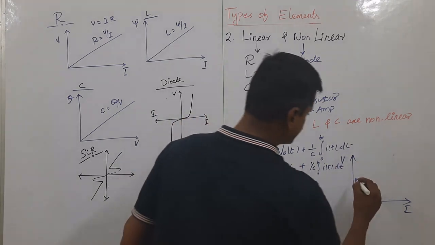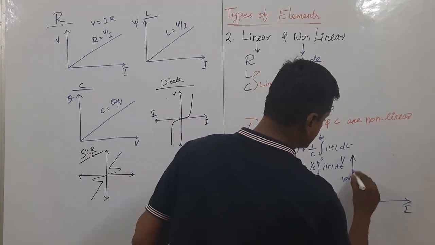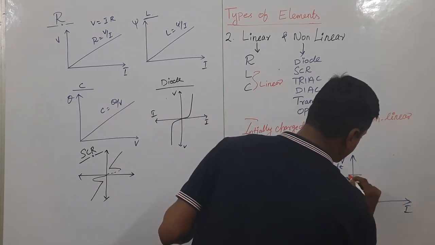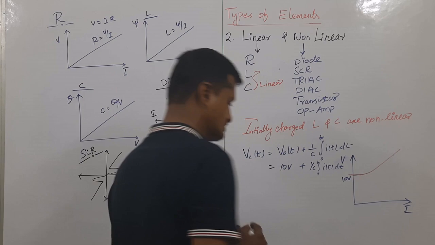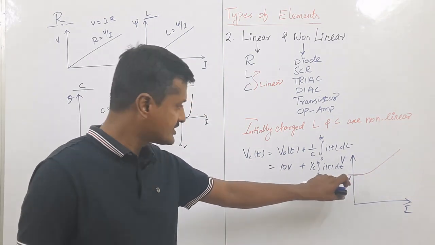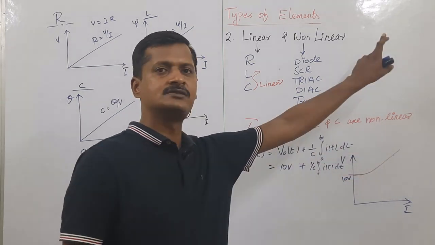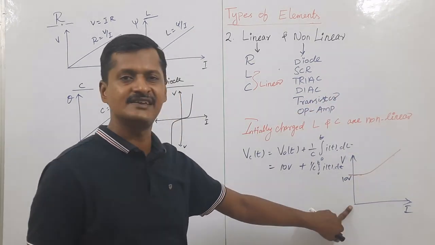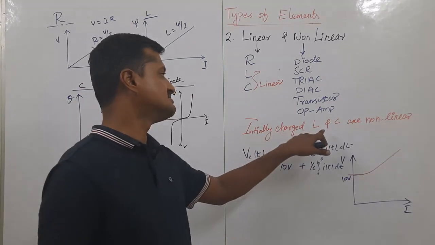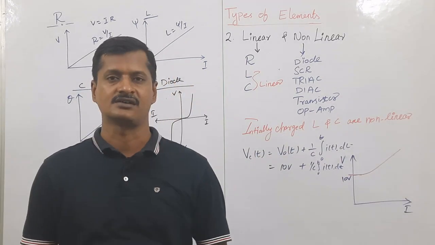So if it is 10, this is 10 volt. The graph will start from here and move like this. So it will not start from the zero origin. So initially charged inductor and capacitors are non-linear.